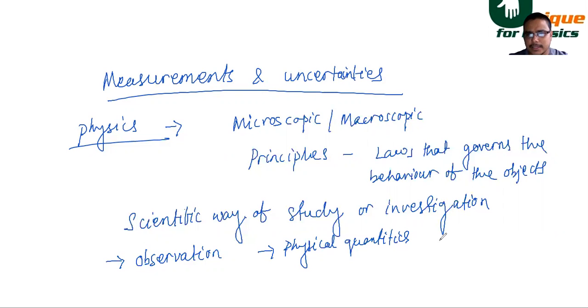After identifying these variables and the factors affecting the event, we need to focus on the data that is collected. We call it the raw data, the data obtained for the physical quantities.